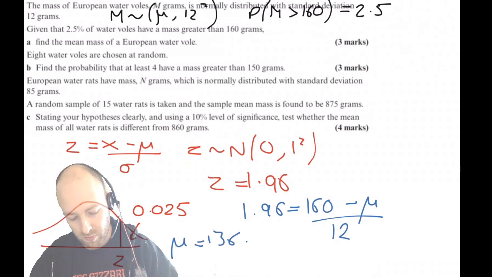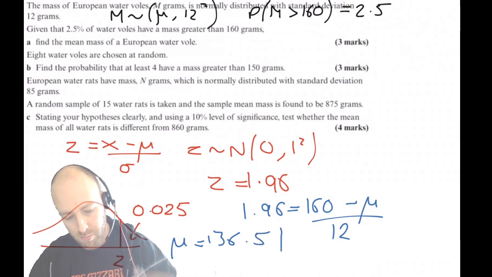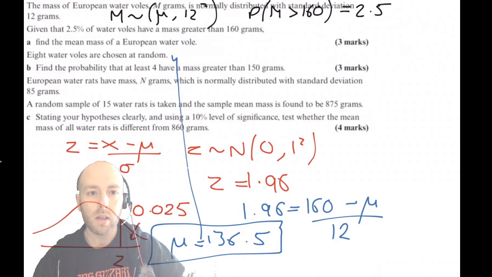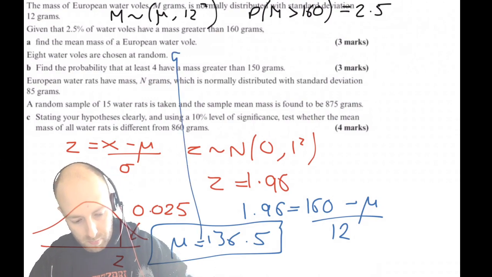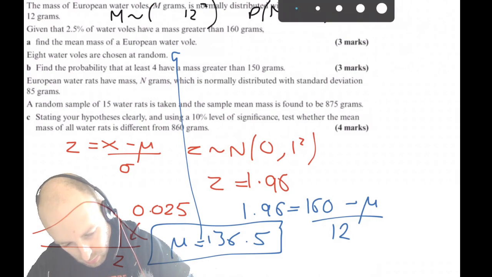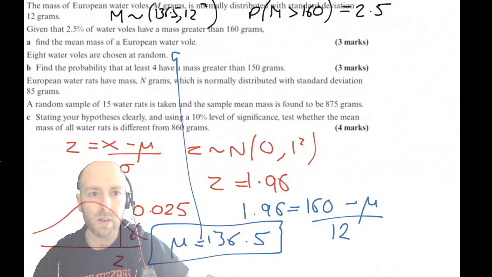So we'll call it 136.5. Cool. Right, so we can now write that up, mu up here: 136.5 and 12 squared.